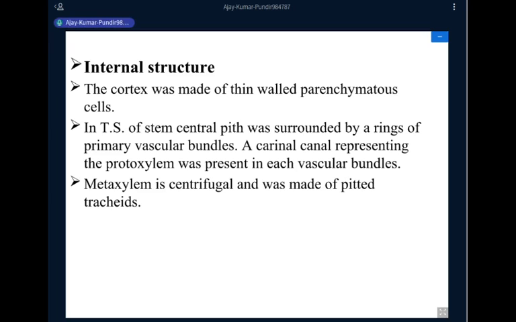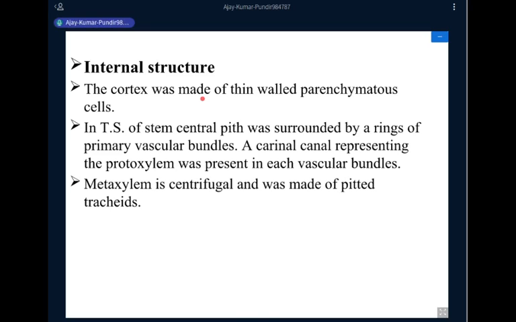If you are talking about the internal structure of Calamites, according to paleobotanists there is no complete information available. But according to some paleobotanists, we have a little bit of information about the stem.